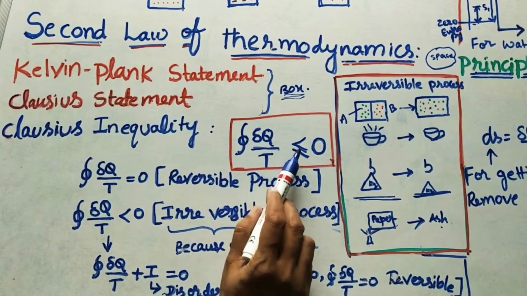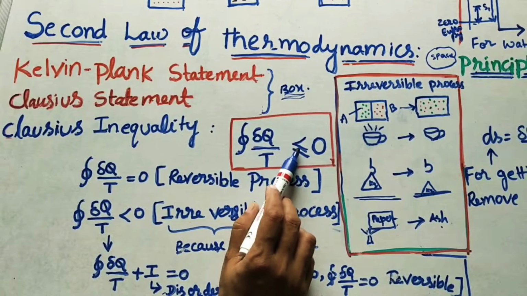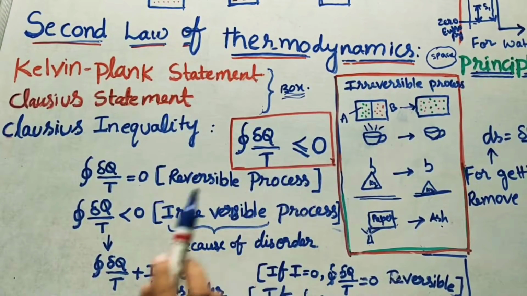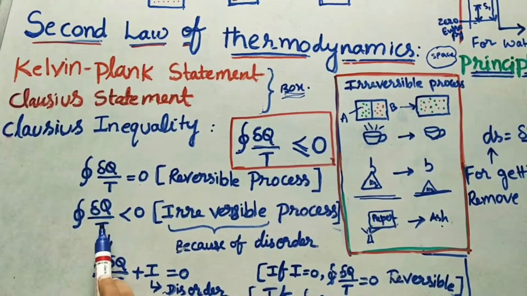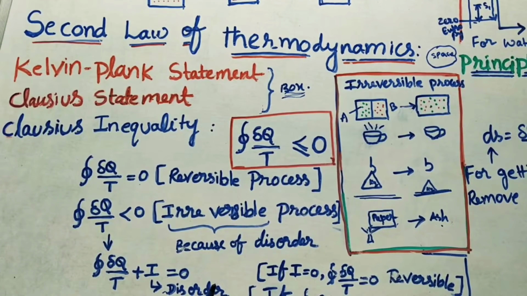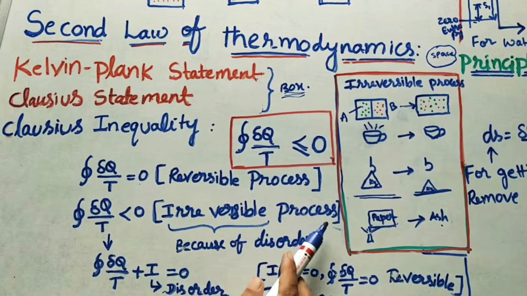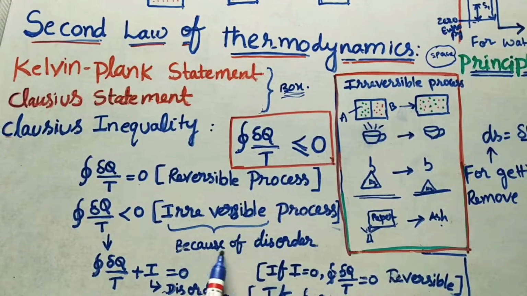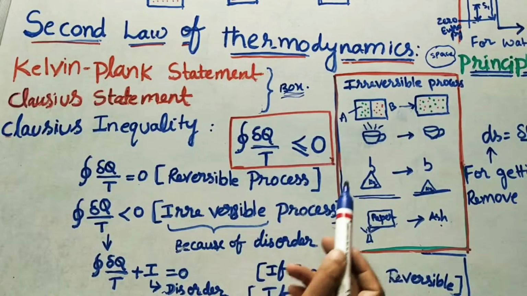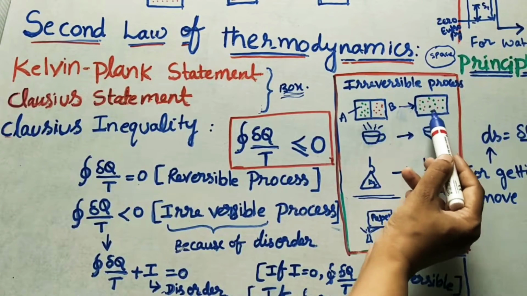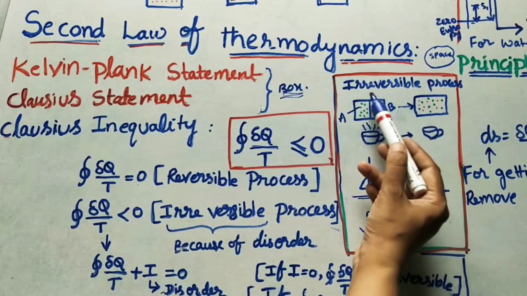So in the two conditions, if it is equal to 0, it is a reversible process. If this quantity is less than 0, it is an irreversible process. This irreversibility arises because of the disorder of the molecules. Similarly here, because of disorder, this process is irreversible.